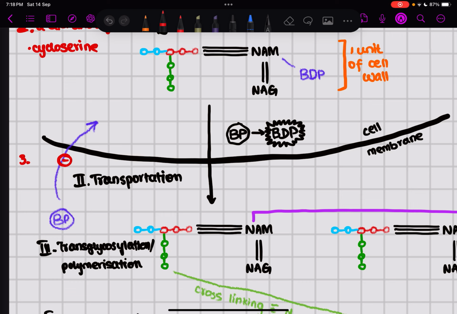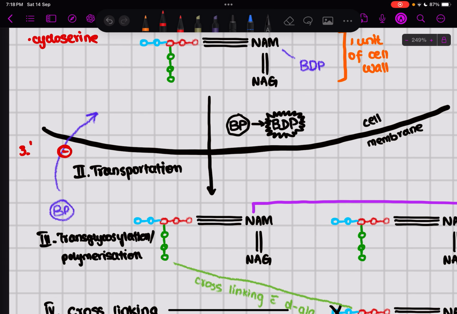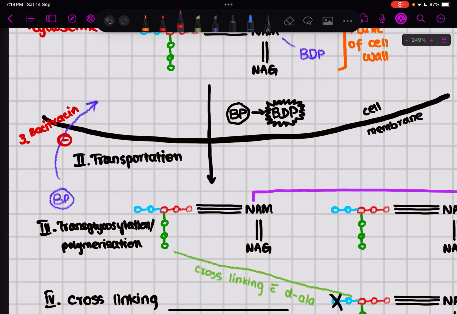Bacitracin, transport inhibitor of bactoprenol into the cytoplasm. It is bacitracin.